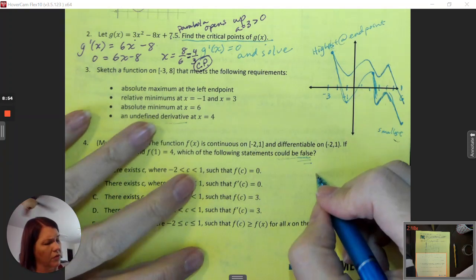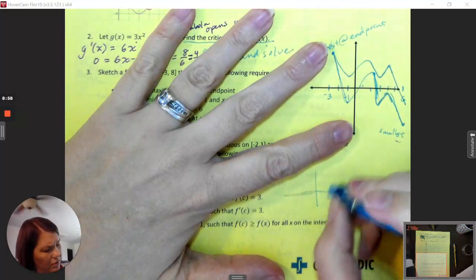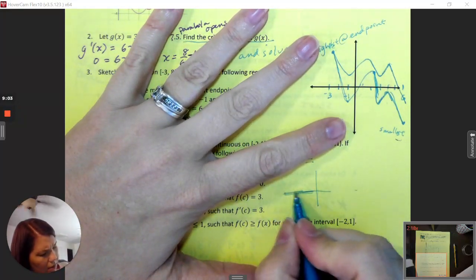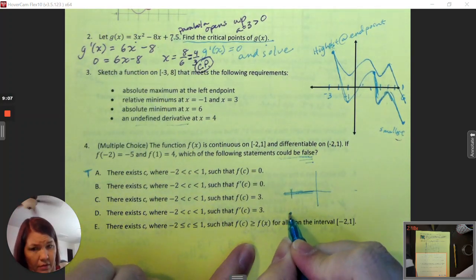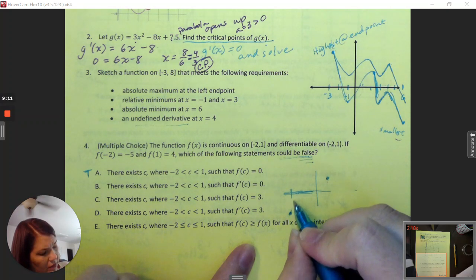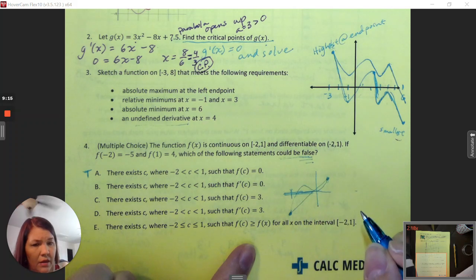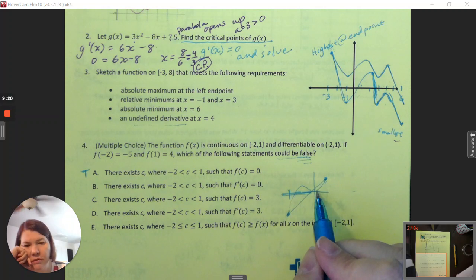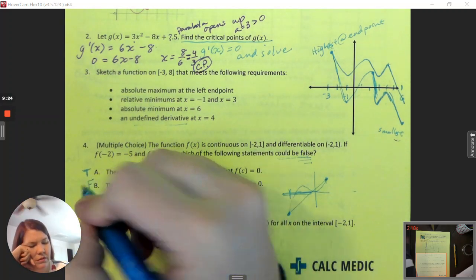Thinking about it, at -2, I'm way down here at -5, and then at 1, I'm up here. There's lots of ways to get there. I can take a slopey, curvy path. I can take a straight path. On the curvy path, yeah, my derivative has to be 0, but on my straight path, no. So this one could be false.